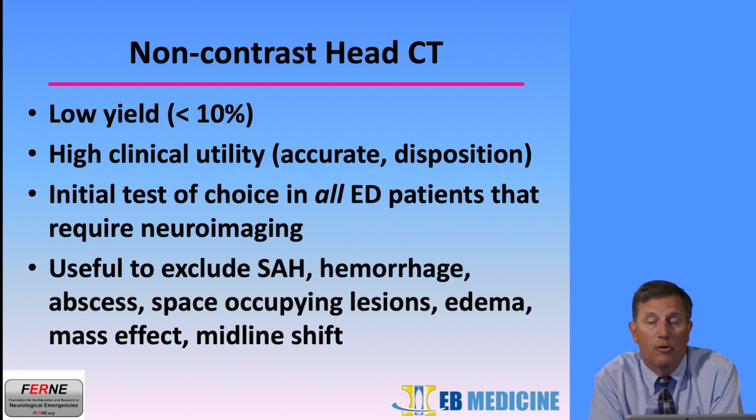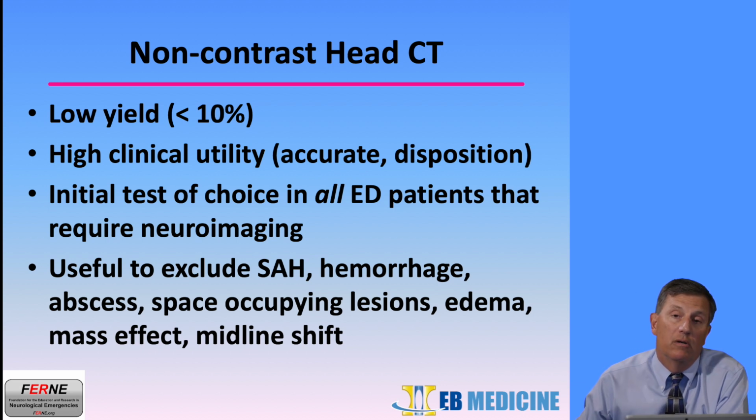It's usually accurate and allows the patient to be dispositioned home once you know that there isn't some space-occupying lesion or other problem. So it is the initial test of choice in all ED patients that require neuroimaging in general, knowing that it's useful in excluding subarachnoid hemorrhage, other types of hemorrhage, abscess, space-occupying lesion, edema, mass effect, and/or midline shift.